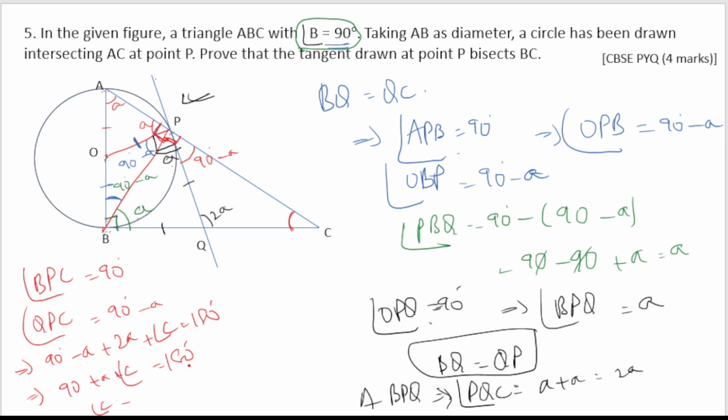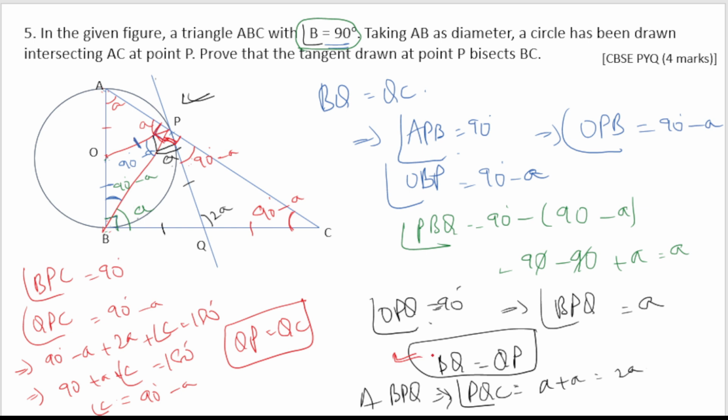So angle C is equal to 90 degrees minus A. In triangle PQC, these two angles, angle P and angle C, are equal. So the sides opposite to equal angles are equal. So QP is equal to QC.